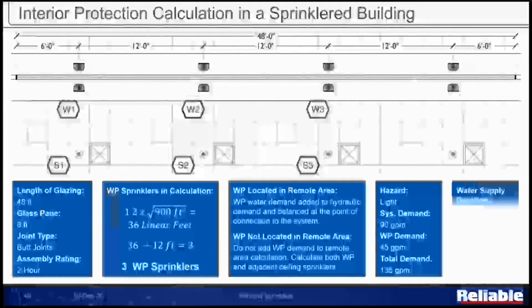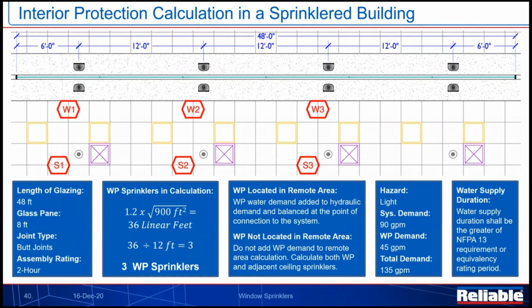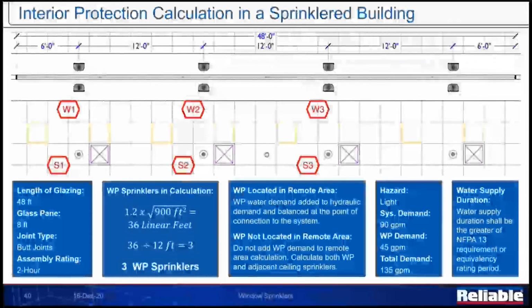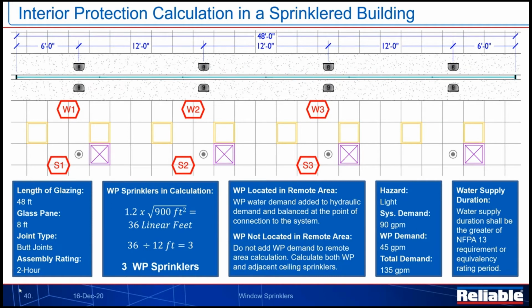Just like before, we have to make sure that the duration of the window is going to be able to last with the water supply. So now, looking back at our first card over here, it is a 2-hour assembly. That means that the 135 is going to have to last up to 120 minutes.